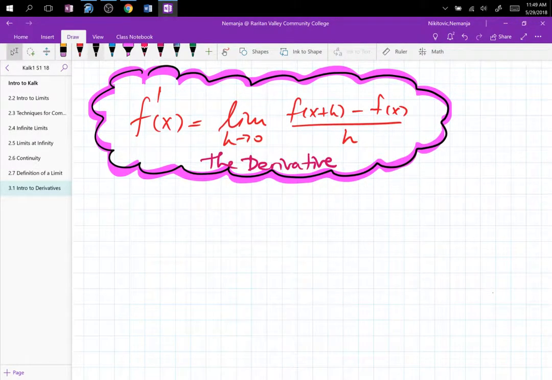I want to use this on functions that are different than polynomials. So let's figure out this thing for, let's say, f of x equals the square root of x. As you can see, these problems now become 2.3 problems from your chapter on limits.